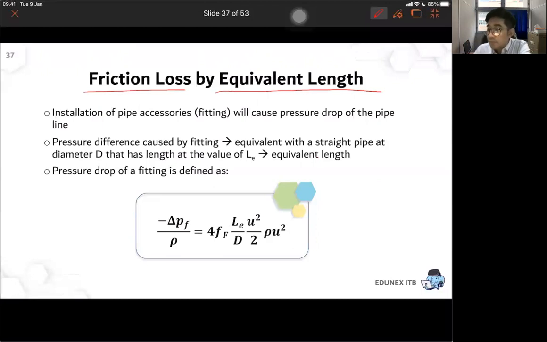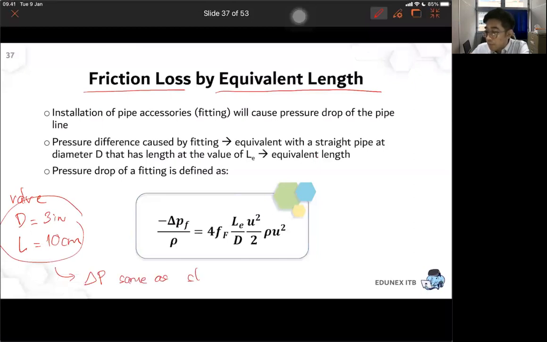For example, if you have a valve with a diameter of 3 inches and a length of, for example, maybe 10 centimeters, it will create the same pressure drop as a straight pipe with a diameter of 3 inches but a length of 25 centimeters.